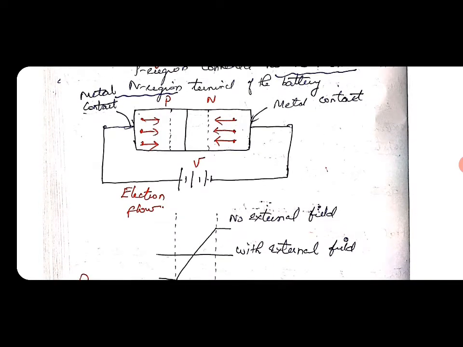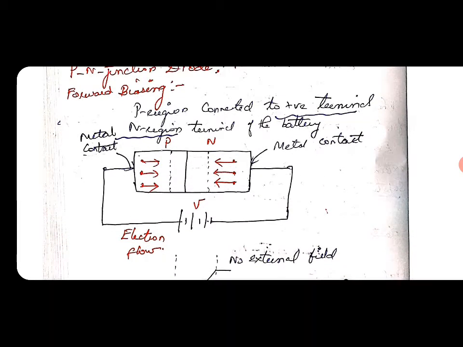In the case of forward biasing, the P region is connected to the positive terminal and the N region to the negative terminal, so the direction of current flow is as shown.